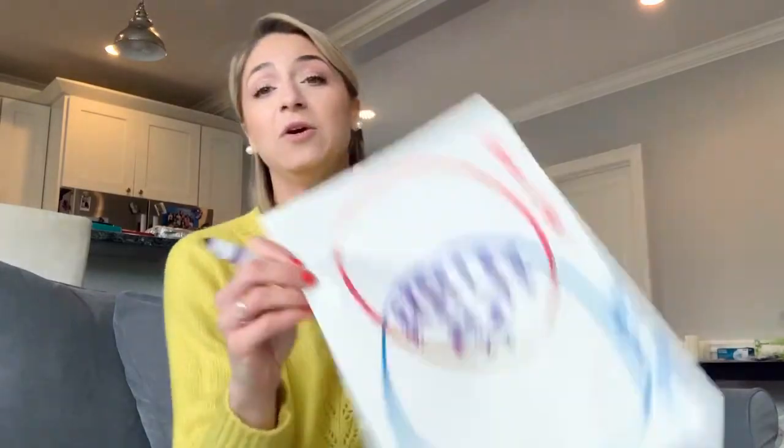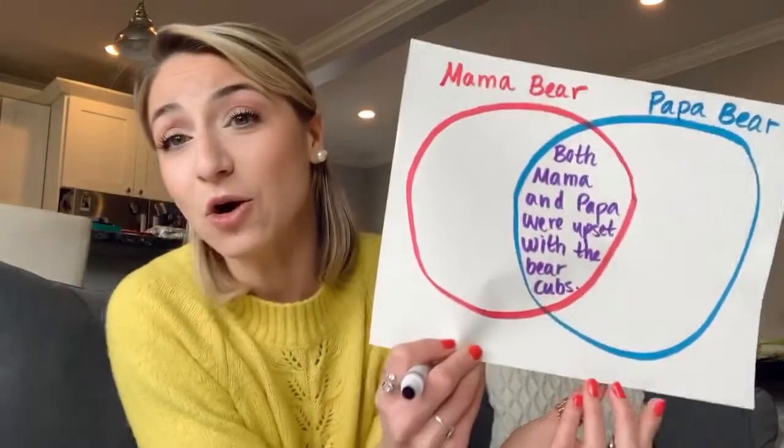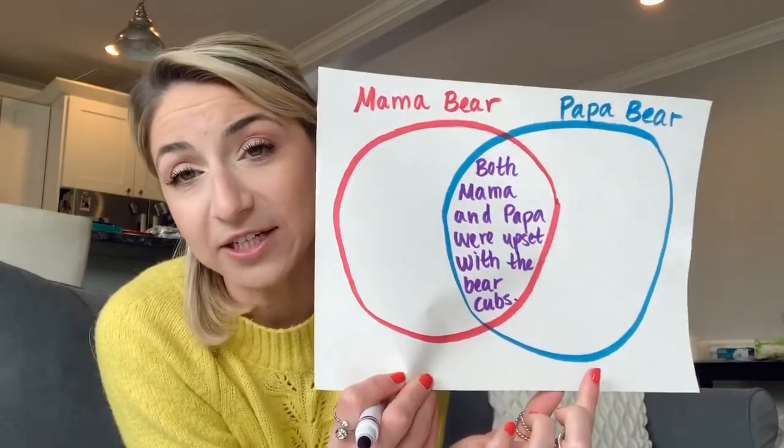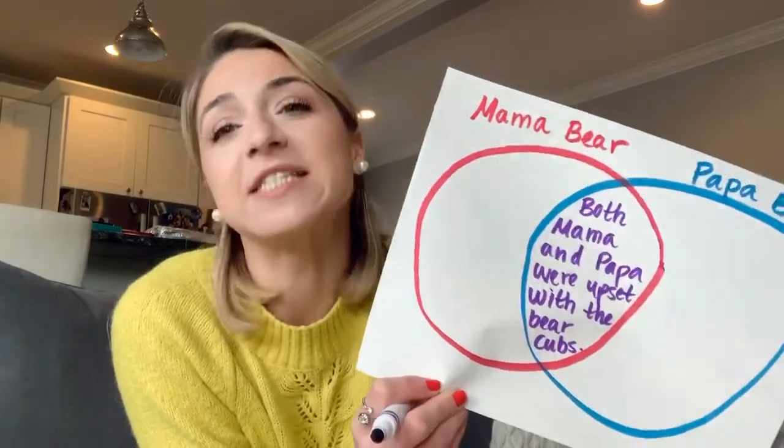So both Mama Bear and Papa Bear were upset with the bear cubs. Now, I wrote that really quickly, so my handwriting is not the usual Miss Tremlett handwriting, but I wrote it in the middle where the circles overlap because that's something that is the same about both characters. Now I have to think about what's different.